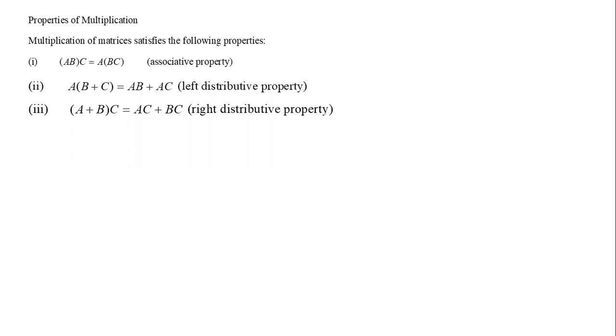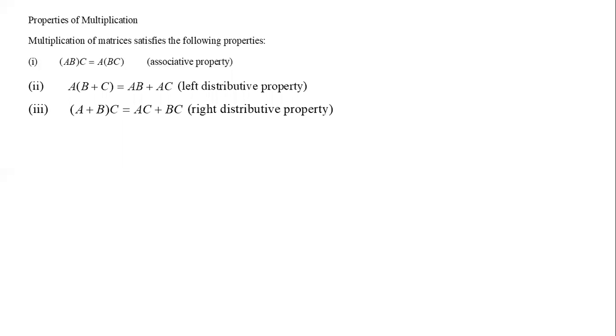Associative property holds. Now, the other one is the distributive property. Left distributive property, that is, we are going to start from the left. A into bracket B plus C is going to give you AB plus AC. That is also another property of multiplication.